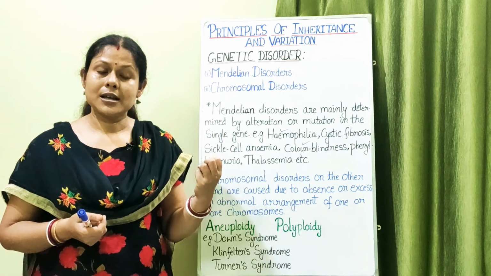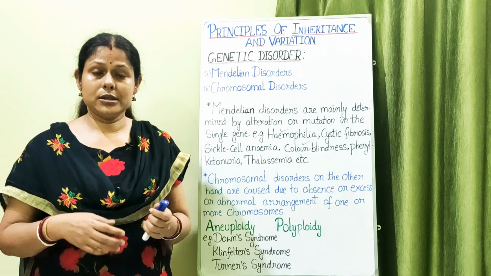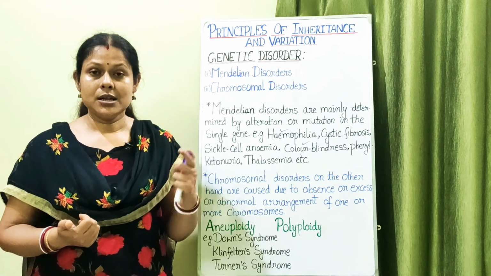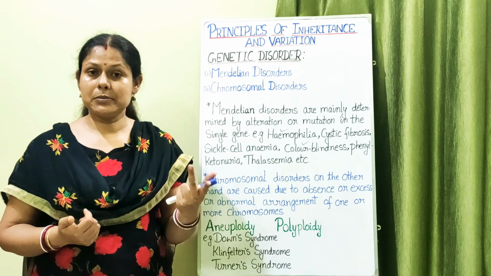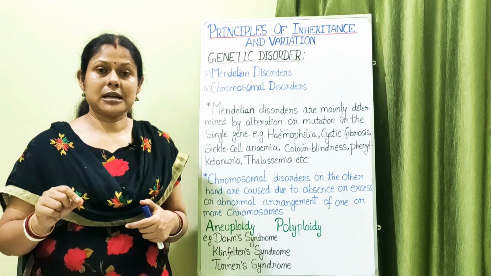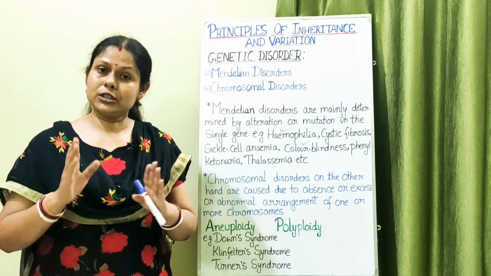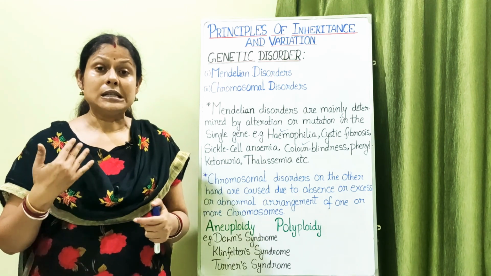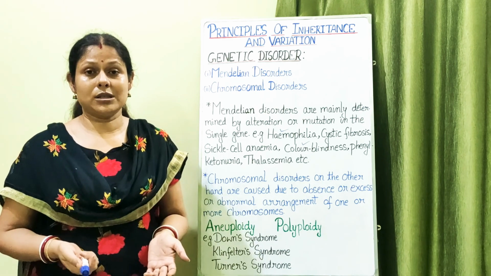So it is arrested there, and if a female who is going to be a mother at the age of say 18 or 20, the ovum which will be fertilized will be much younger compared to the female whose ovum gets fertilized at the age of say 35 or 40. So the egg was arrested for 30 years or 40 years or sometimes 45 years. So the chances of this non-disjunction or abnormality increases with age.